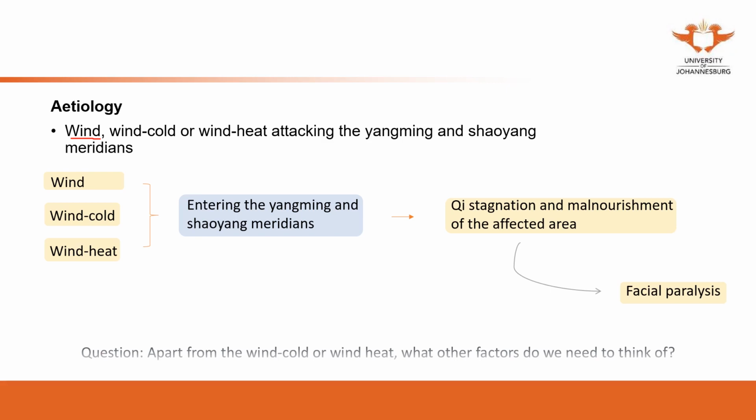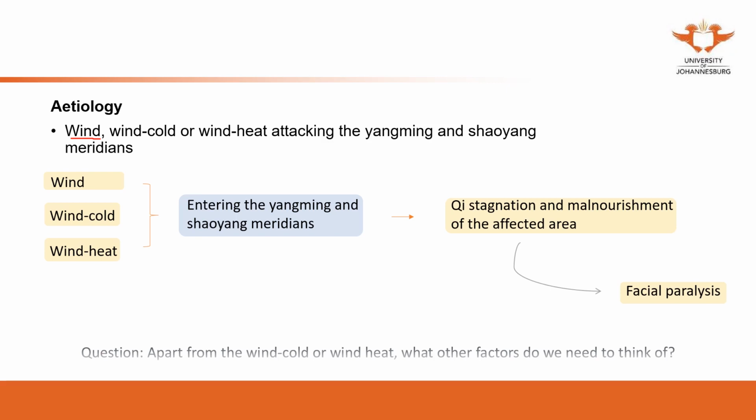Apart from wind, what other factors do you need to think about? This is also thinking from the etiology. Whenever we talk about etiology, we always think of exogenous and endogenous factors. So for the pathogens we have mentioned, the wind, we also need to think about the antipathogenic qi. Why, when you had a party with your friends, were you the only one to suffer from facial paralysis while others are perfectly fine?